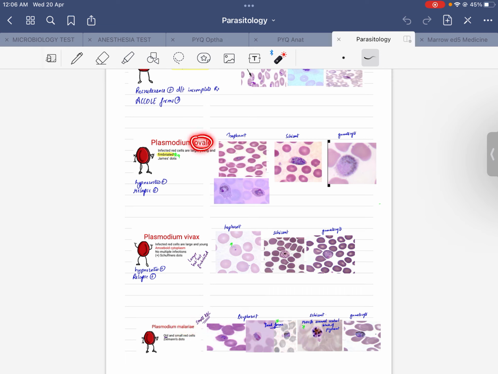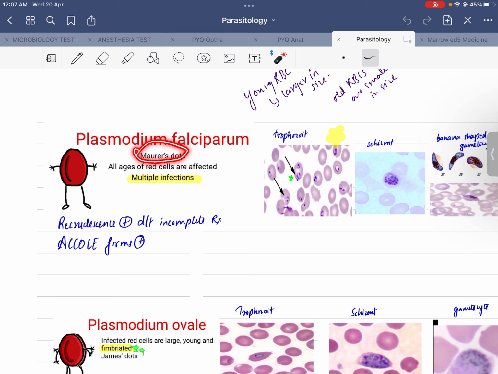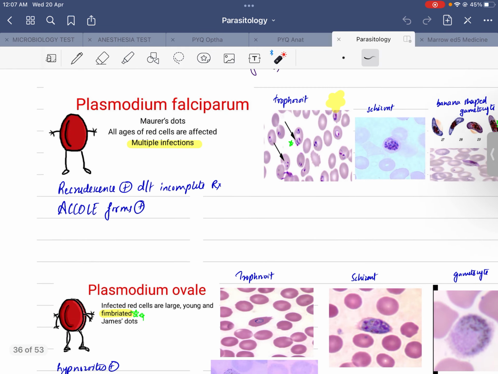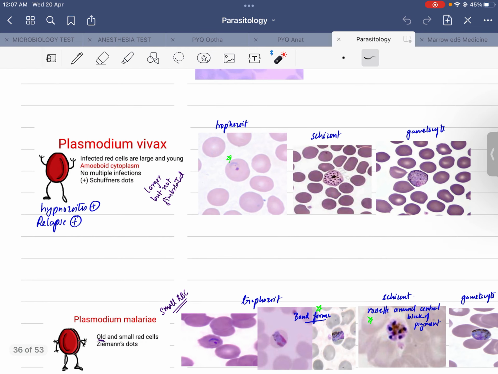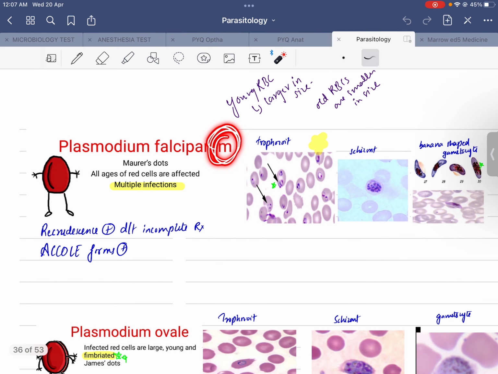You can remember orange juice, so ovale, James. And falciparum is Maurer's dots. You can remember that falciparum ends with M, so you remember Maurer's dots.